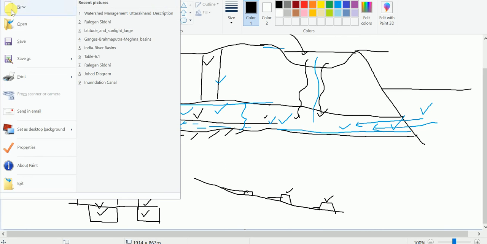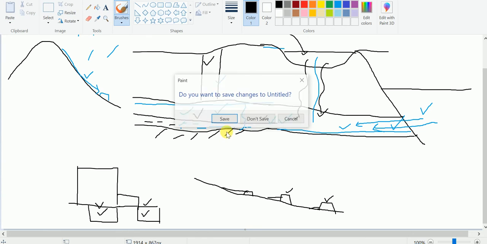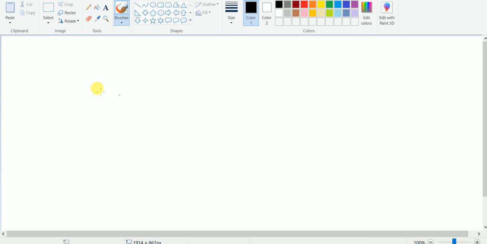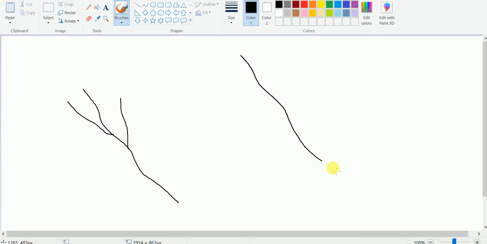Let us say, for example, this is a river system, and here is another river system. Let us say this river is perennial, for example, a snow-fed one, and this is seasonal.